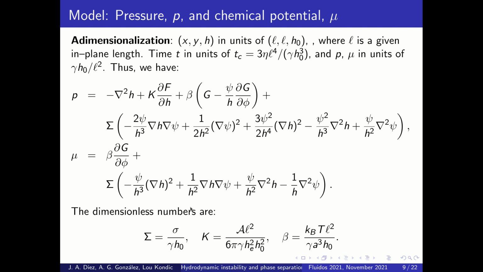All these expressions include dimensionless numbers, which depend on the stiffness, the surface stiffness, the Hamaker constant, the equilibrium thickness, as well as the temperatures. And these are parameters that have to be determined for these experiments.